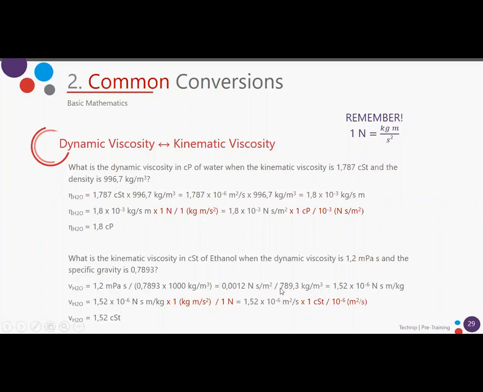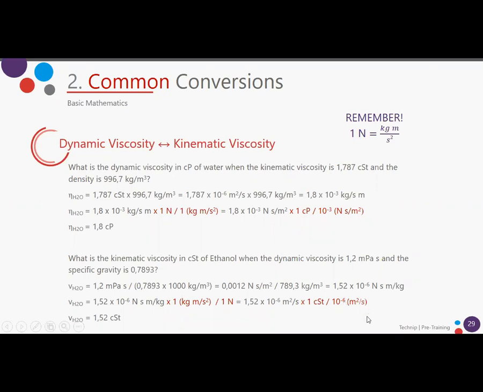So then we get our unit square meter per second, which are 1.52 multiplied by 10 to the power of minus 6 square meters per second. And then another conversion factor, we multiply with 1 centistoke divided by 10 to the power of minus 6 square meters per second. Yeah, because 1 stoke is 10 to the power of minus 4 square meters per second.